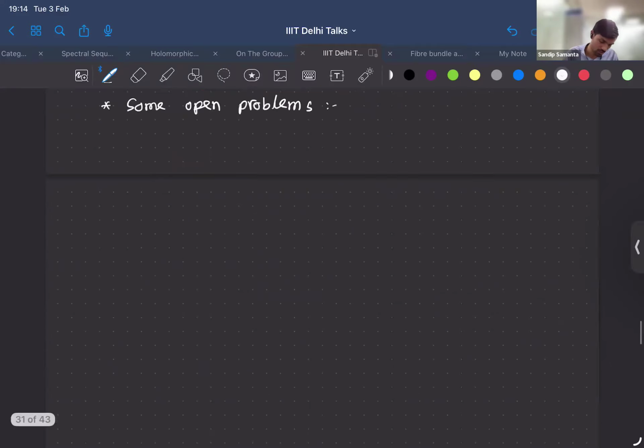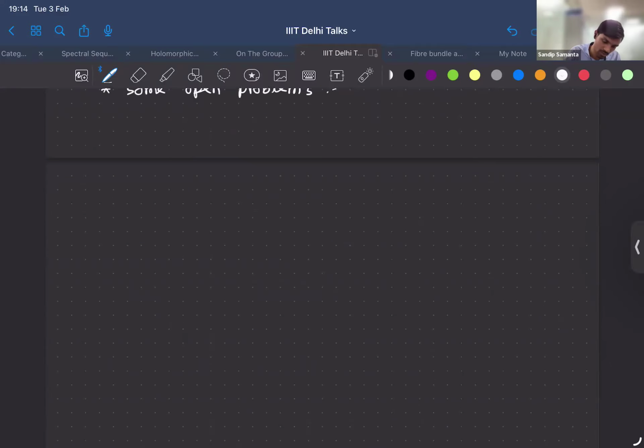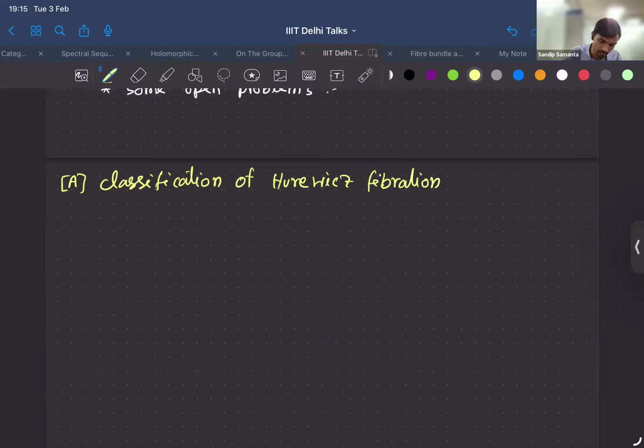Okay, so let's start the first application: classification of fibrations over the circle S^1.